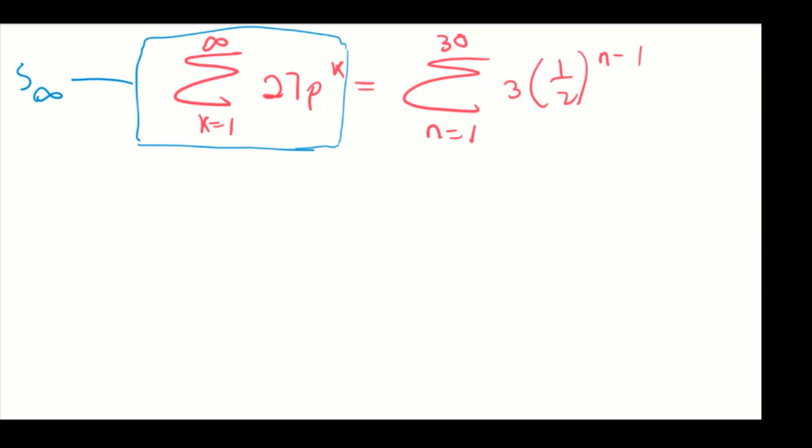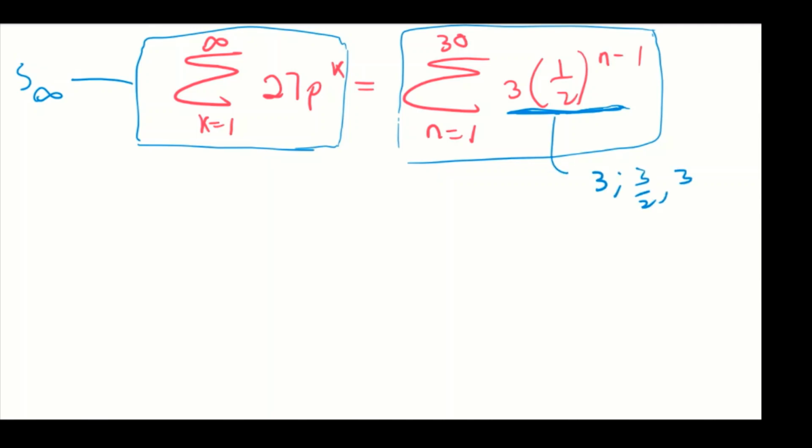So first find the three terms for this one, and then for this one here, if you take a look, it's actually similar to the previous problem that we just did. If you look at this portion here, you don't need to find the first three terms because we already know them. We know that it's 3 over 2 and 3 over 4, and our r we found to be 1 over 2.